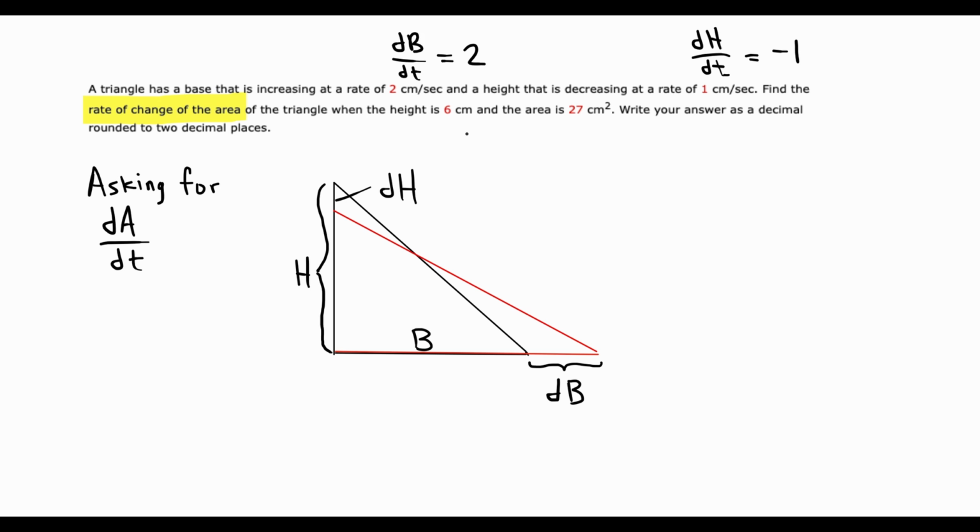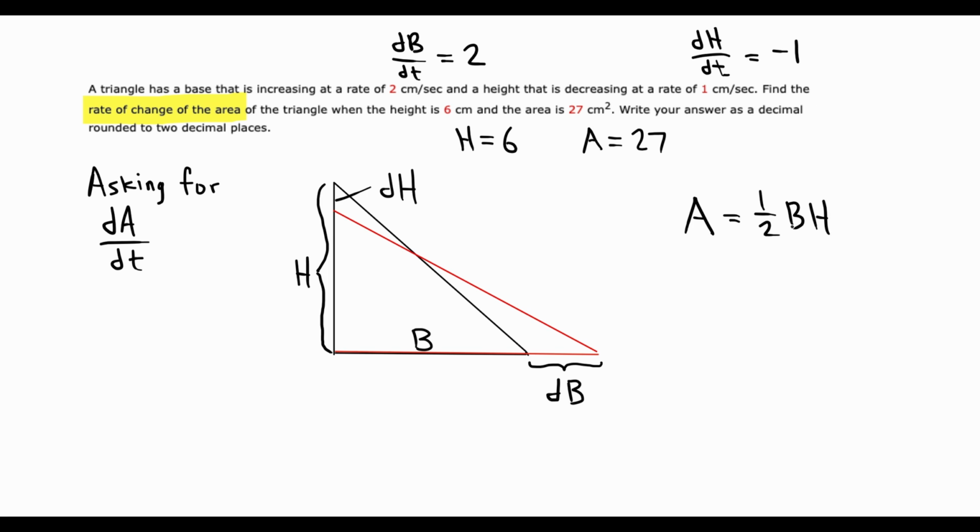Okay, they tell us here that the height at the current time of analysis needs to be 6, and the area at the current time of analysis needs to be 27. So with all that in mind, we should come up with a formula for the area of a triangle from geometry. Area equals 1/2 base times height.